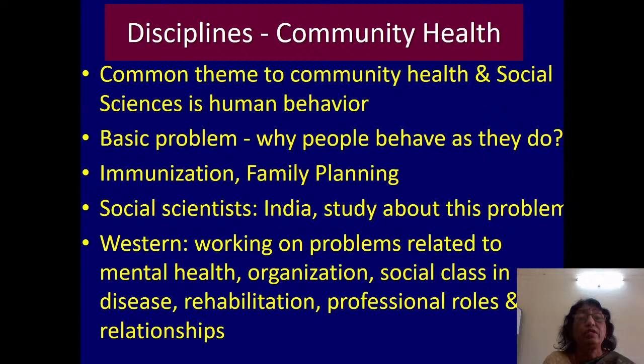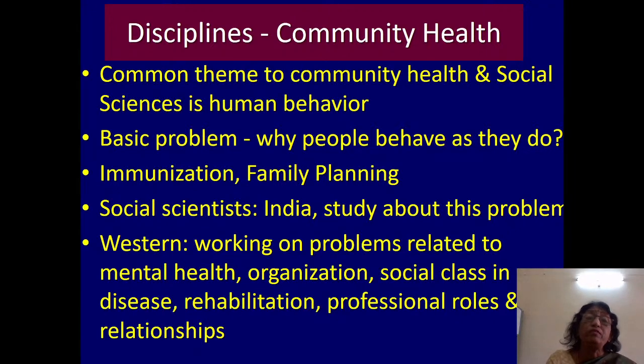In the Western world, when they started working on the problems related to mental health and how the organization has to work, social class in the disease, to which social class do the people who have the disease belong, and the rehabilitation services required for them, then the professional roles and relationships.